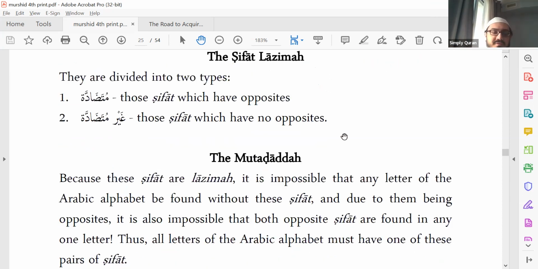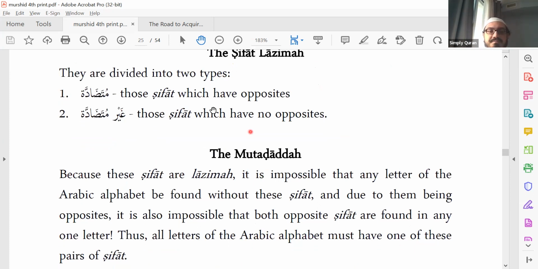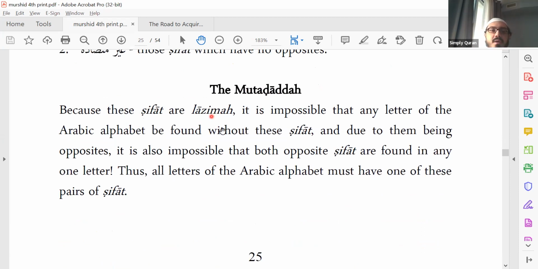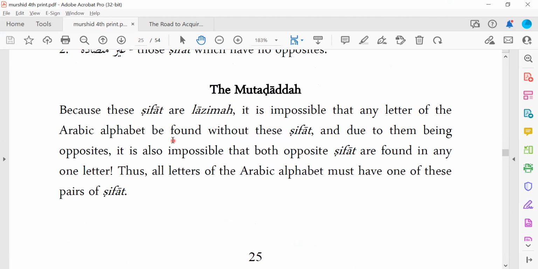For now, what are we going to focus on? Only the mutadadda, so those sifat which have opposites. Because these sifat are lazima, meaning intrinsic or permanent, it is impossible that any letter of the Arabic alphabet... How many letters do we have in the Arabic alphabet again? Can someone tell me? 26. 27. 26 is the English alphabet.